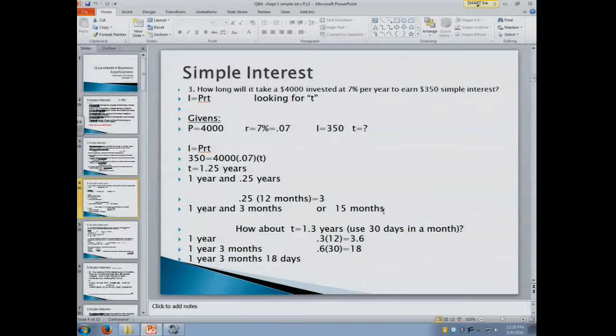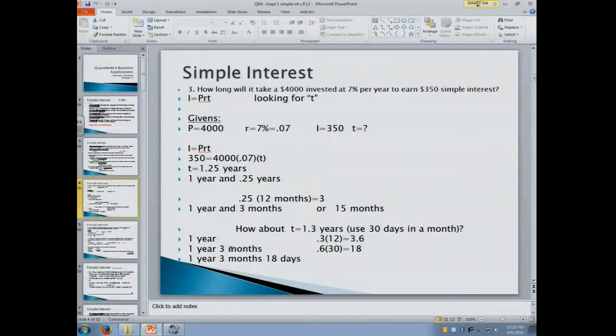Let's say in that problem we got T equals 1.3 years. So we're going to take out that 1 year, but we have 0.3 years. So again, 0.3 is multiplied by the next denomination down, which is months, times 12 months. So we get 3.6.